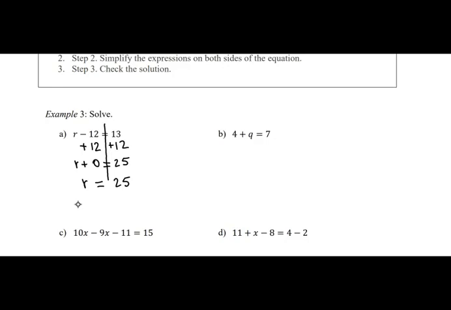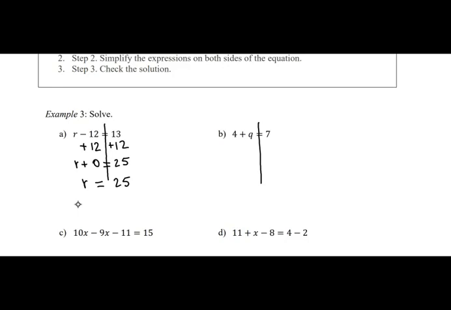All right, so let's go ahead and do the next one. I have 4 plus q equals 7. I'm going to visually separate the left side and right side, and I'm going to focus on the left side because that's where the variable is, and I need to isolate that variable. So right now I'm adding 4. I am going to do the opposite.